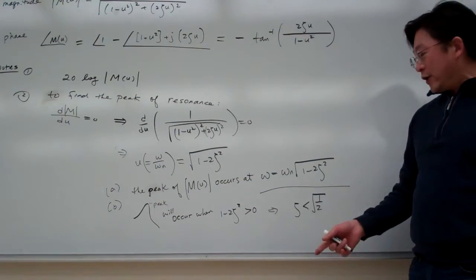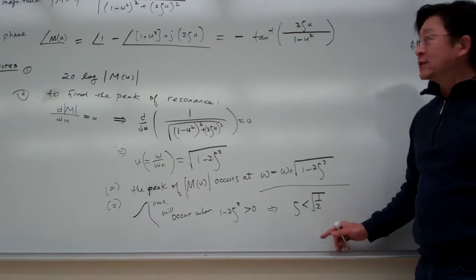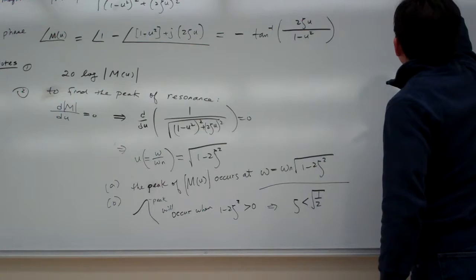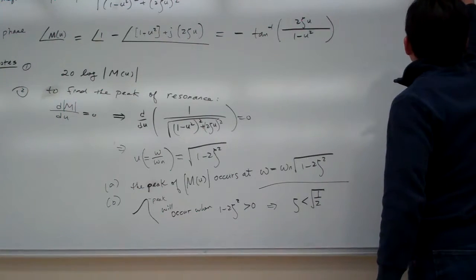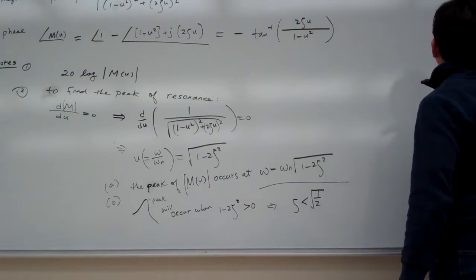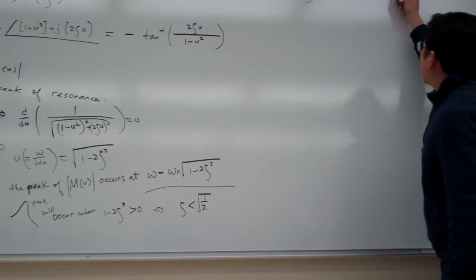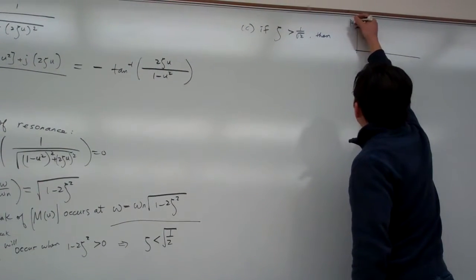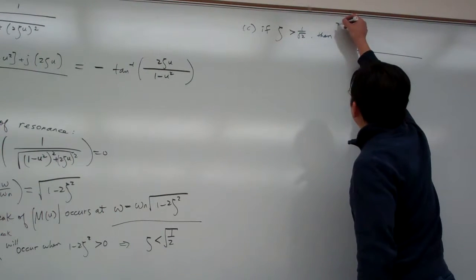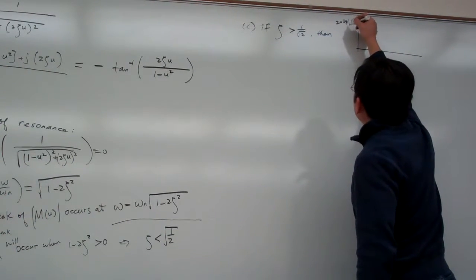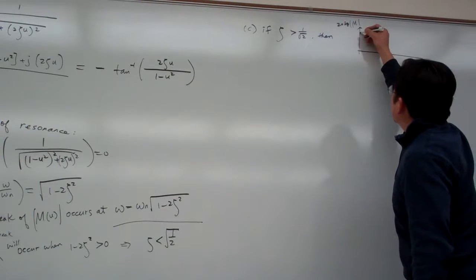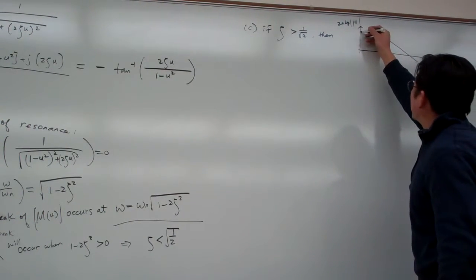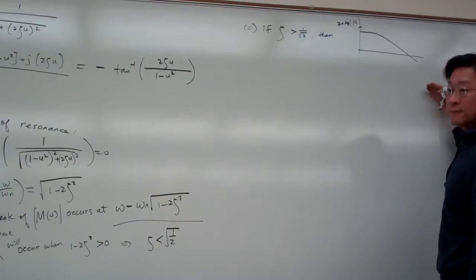If you have a damping ratio greater than this number, what happens? Then the value will be like this. This is the magnitude, and whether we take the decibel or not, basically there is no overshoot. It just starts from there and keeps going down.